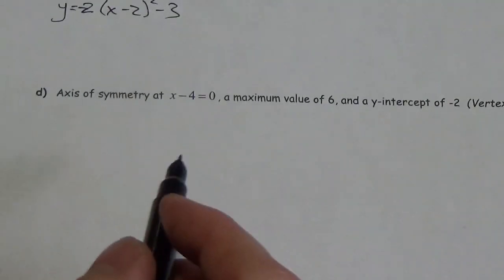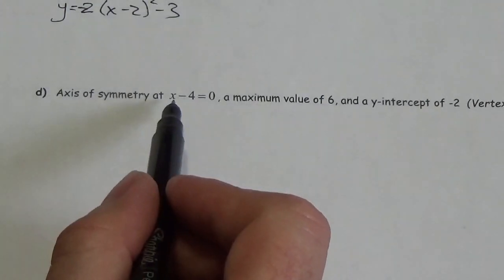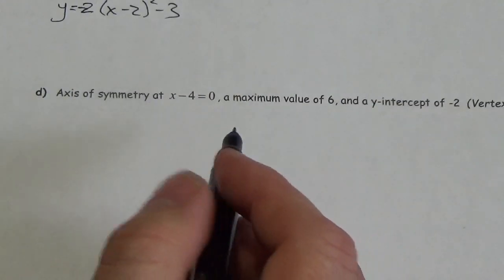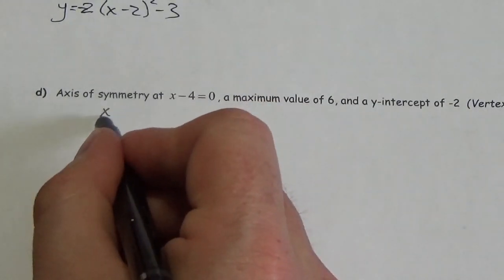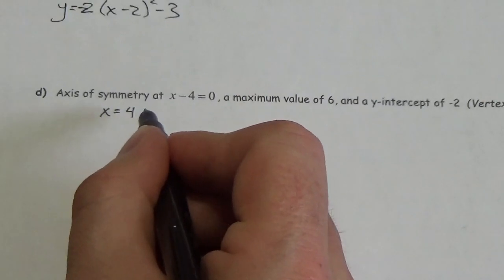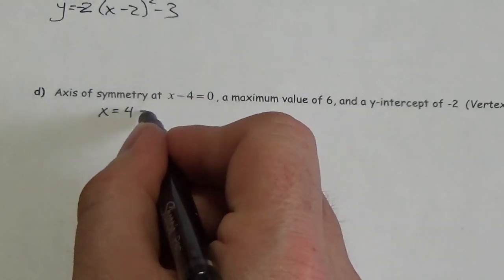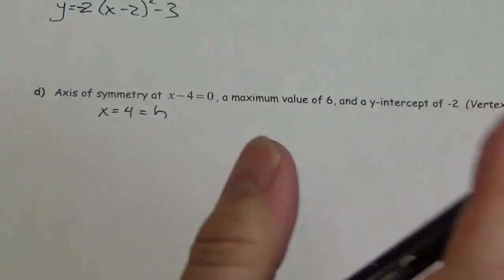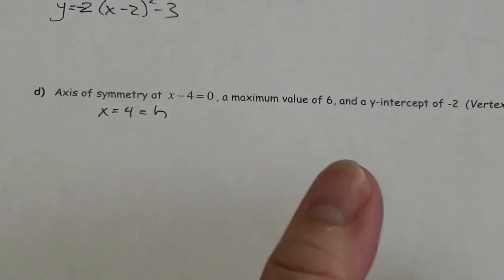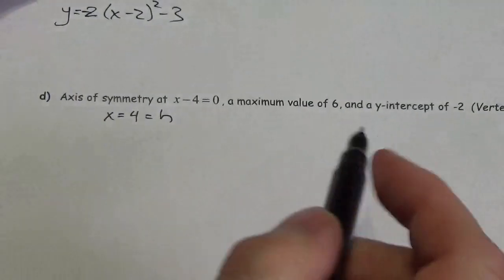Now let's take a look at this one. The axis of symmetry at x minus 4 equals 0. Oh, okay, wait a minute. That means x is equal to 4. And now I know that that is going to be equal to my h value on the vertex, because I know that the axis of symmetry goes through the vertex. So that's what I'm trying to say to you without being explicit about it.